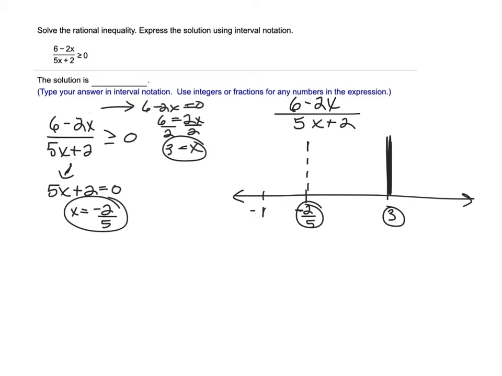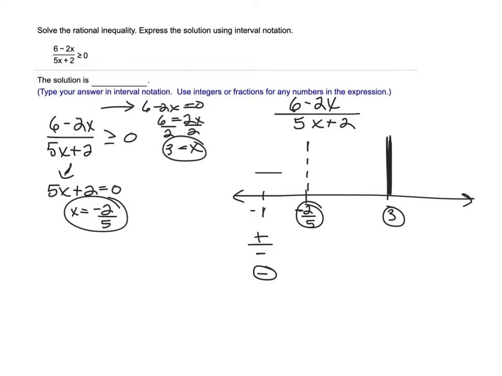So we take negative 1 and plug it into our polynomial. Remember, we're only worried about whether it's positive or negative. If I plug negative 1 in, I get 6 minus 2 times negative 1, which is 6 plus 2. That's positive. Denominator, 5 times negative 1 is negative 5, plus 2 is negative. So positive divided by negative gives me a negative number.